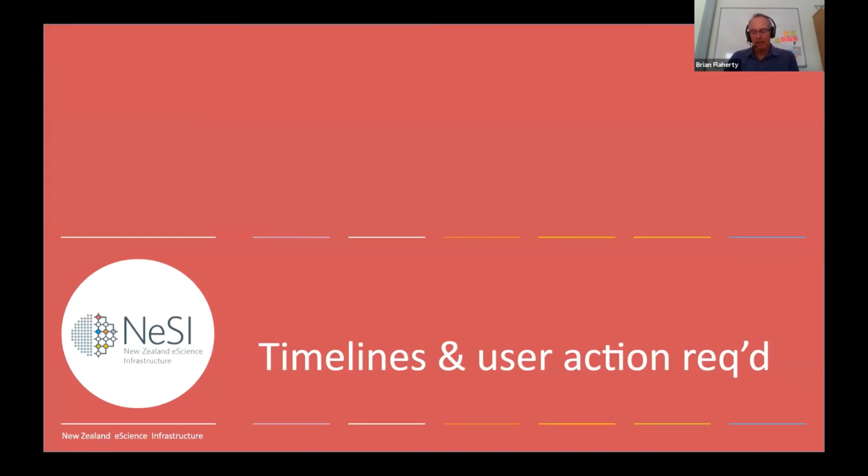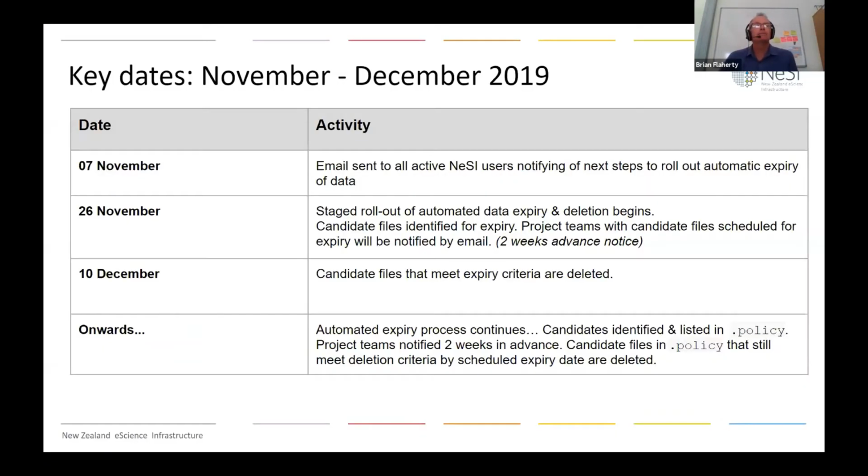So, timelines and action required on your part. The first email that we sent out to everybody notifying about the steps in the rollout was on the 7th of November. As of today, the first candidates have been identified for expiry, and emails sent out to every member of project teams for those projects that have files that are candidates.